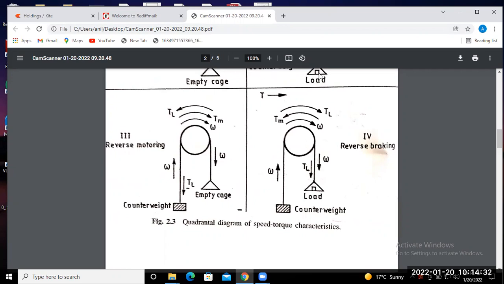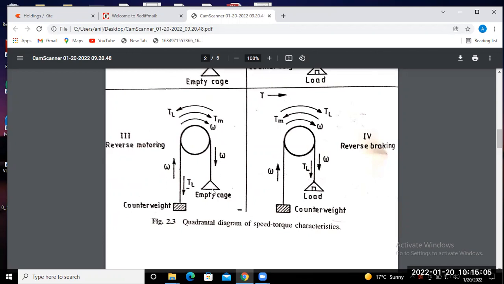Okay, so in the first quadrant, electromagnetic torque and speed are acting in the anti-clockwise direction. Opposite to that, here we act in the reverse motoring mode, that means in the clockwise direction. Okay, so the movement of the load: this bucket goes in the downward direction, since the speed of rotation of the motor or electromagnetic torque develops in the clockwise direction.